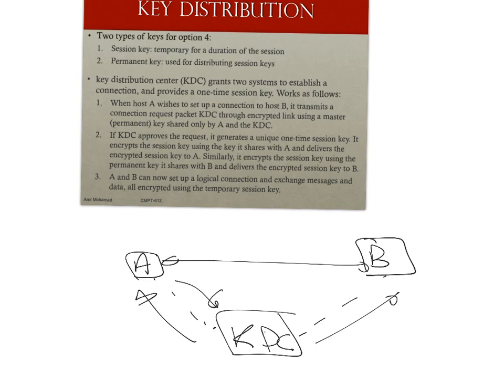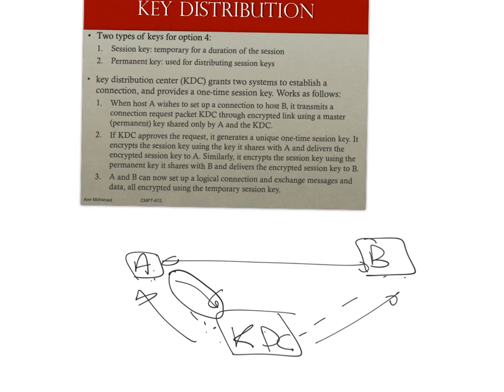So is that the permanent key, the one between A and the KDC and B and the KDC? That's the permanent key. In other words, we secure this connection using the master key, or the permanent key, and then we use it to distribute the shared key. It's semi-permanent, by the way.